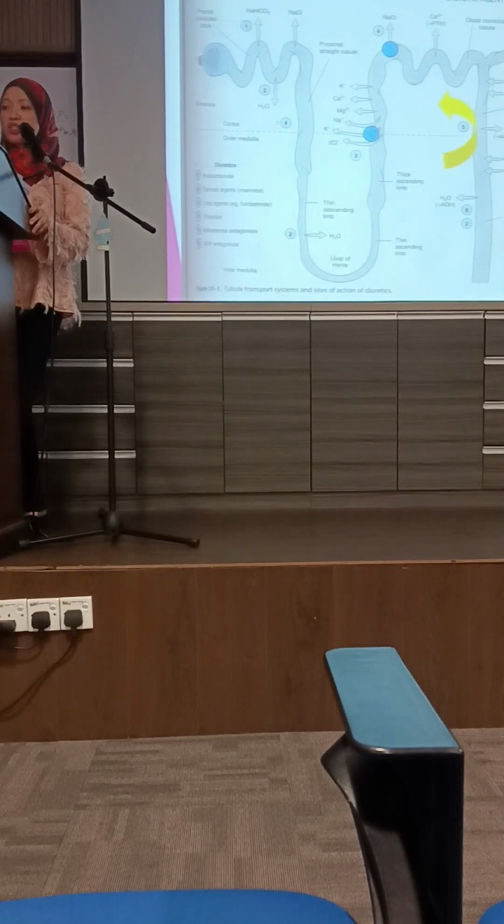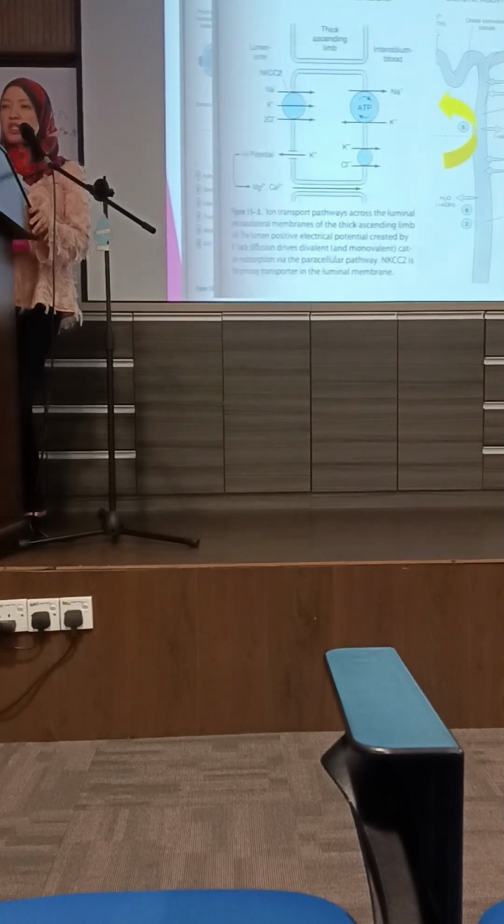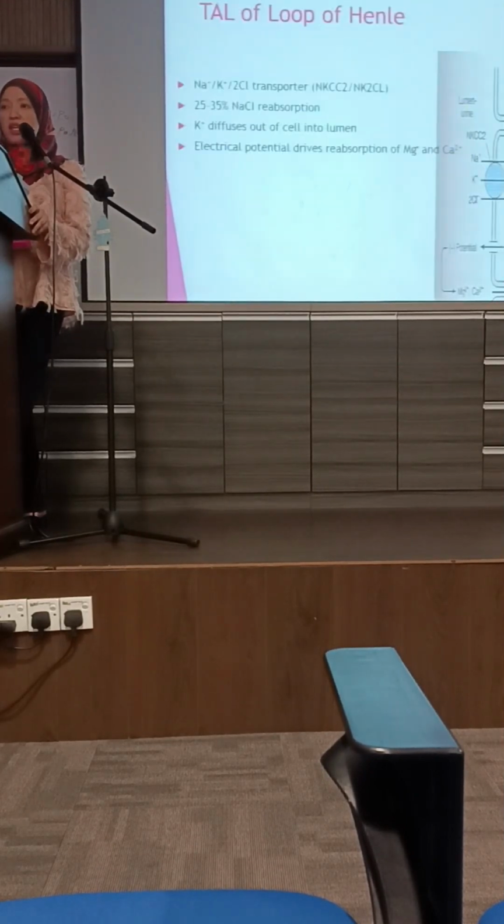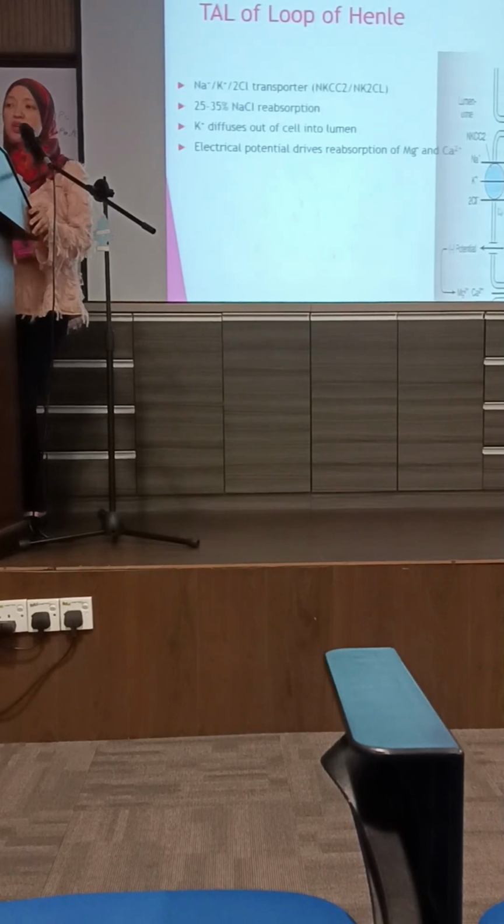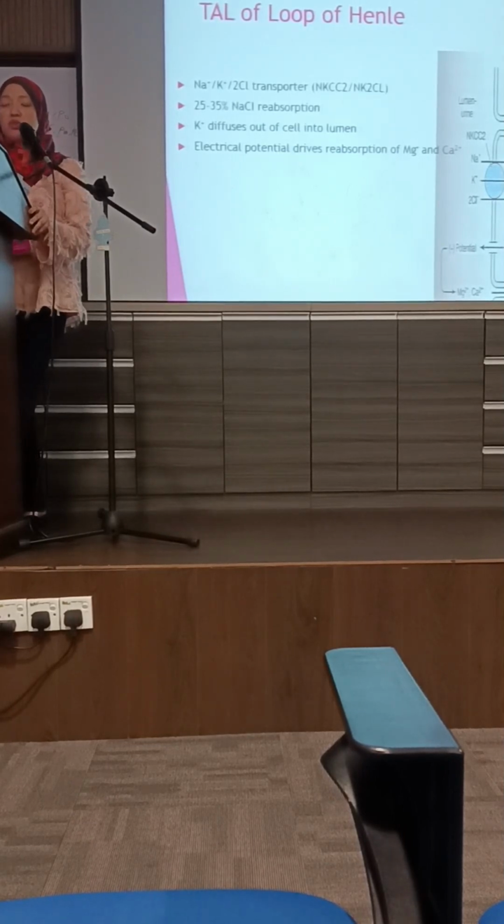Okay, and then next is the loop of Henle. The thick ascending limb of the loop of Henle, and the most important co-transporter here is NKCC2, sodium potassium 2 chloride co-transporter. At this site, about 25 to 35% of sodium chloride reabsorption happens.